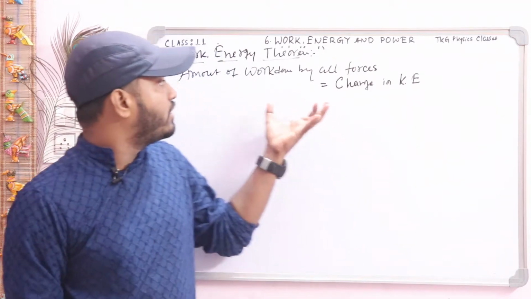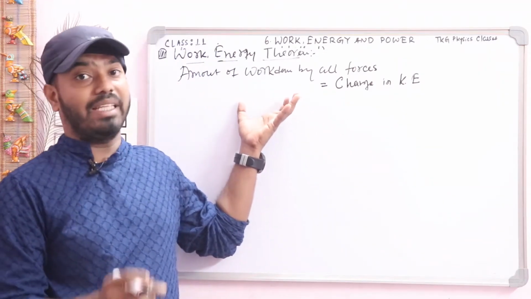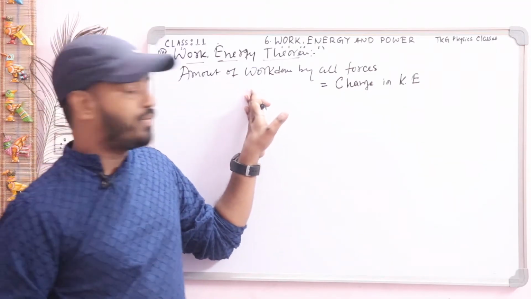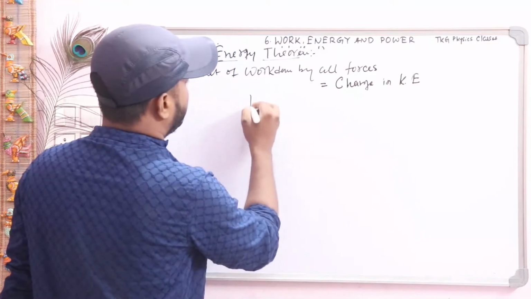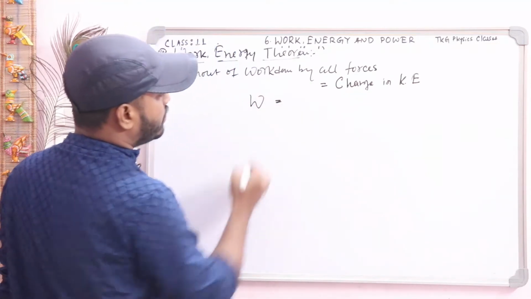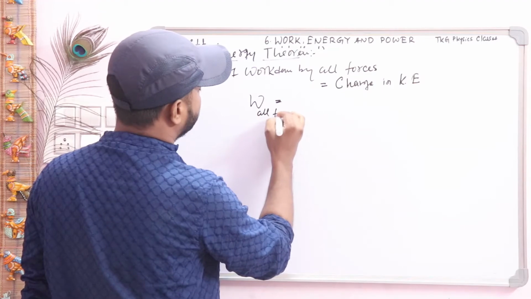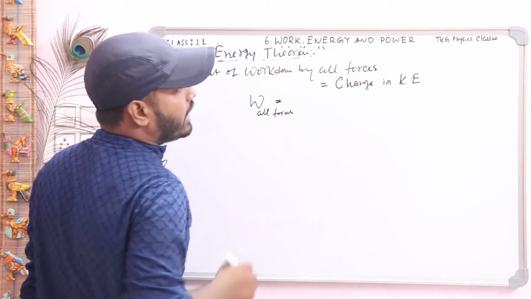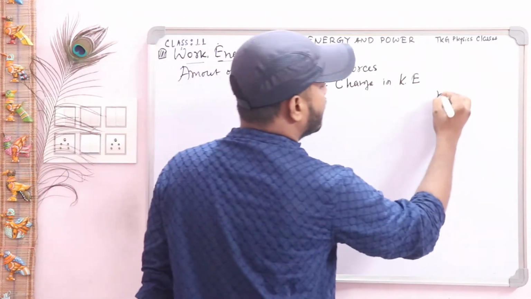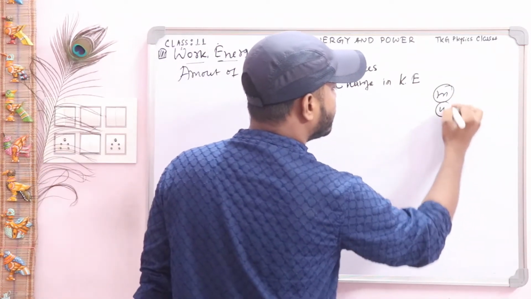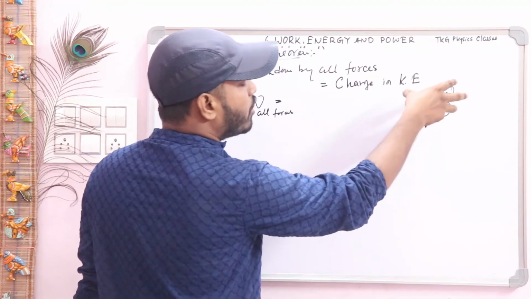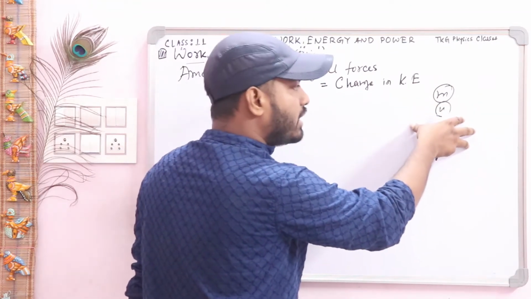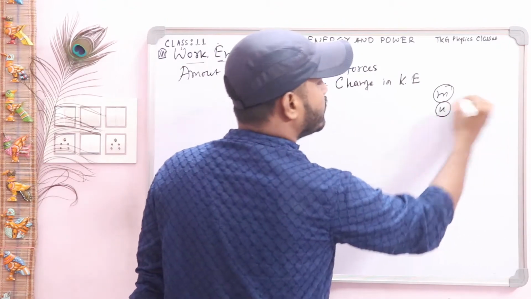Okay, so write this formula in mathematics. The amount of work done by all forces, suppose this value is W, that is equal to, here you write all forces, or you can say net force, the change in kinetic energy. Suppose a body of mass m moving with initial velocity u, after some time t the body attained final velocity v.